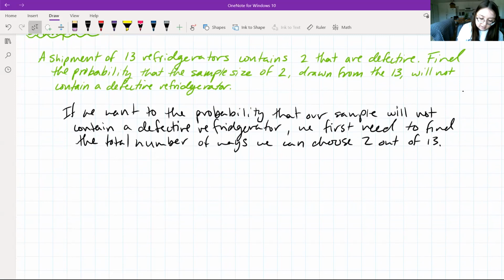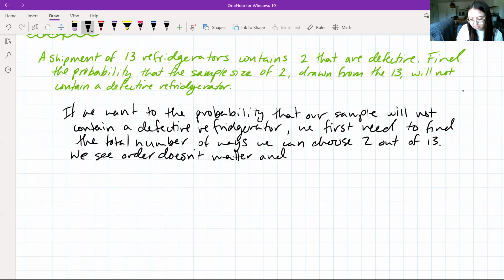So we see order doesn't matter, and so we use our combination formula.